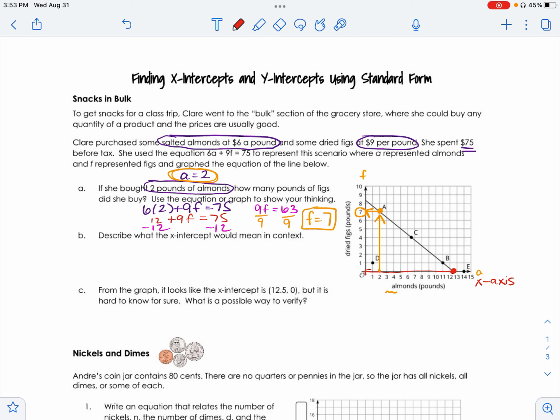So in context of the problem, that is how many almonds she bought if she bought no figs. Essentially, she only bought almonds.